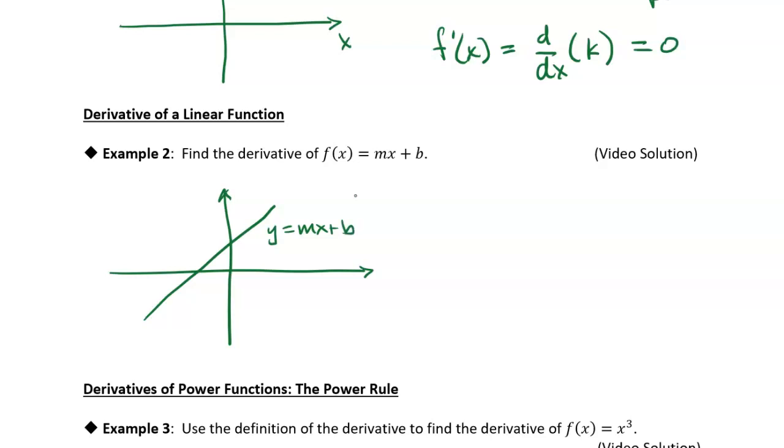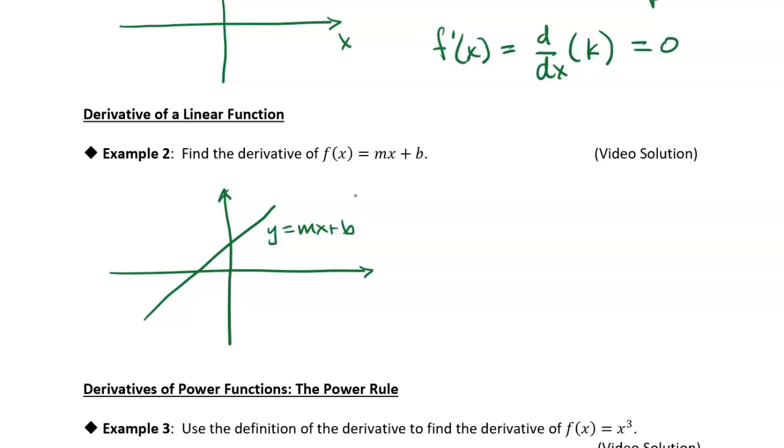So if we recall that the derivative is the instantaneous rate of change, or it's the slope of a tangent line, if I drew a tangent line to any point on this line, the tangent line would be the line. It would be the same as the line. And we know that the slope of this line is m.